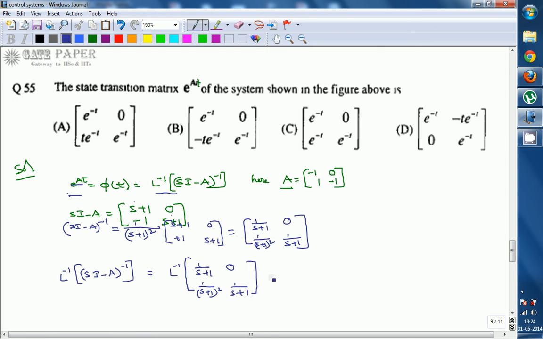We know that the inverse Laplace transform of 1 by (s plus 1) is e power minus t, and this is 0, and this is t into e power minus t, and this is e power minus t. So this is the state transition matrix e power A t, represented with phi of t. That is option A, which is the correct answer. So the inverse Laplace transform of (sI minus A) whole inverse is the expression for the state transition matrix.